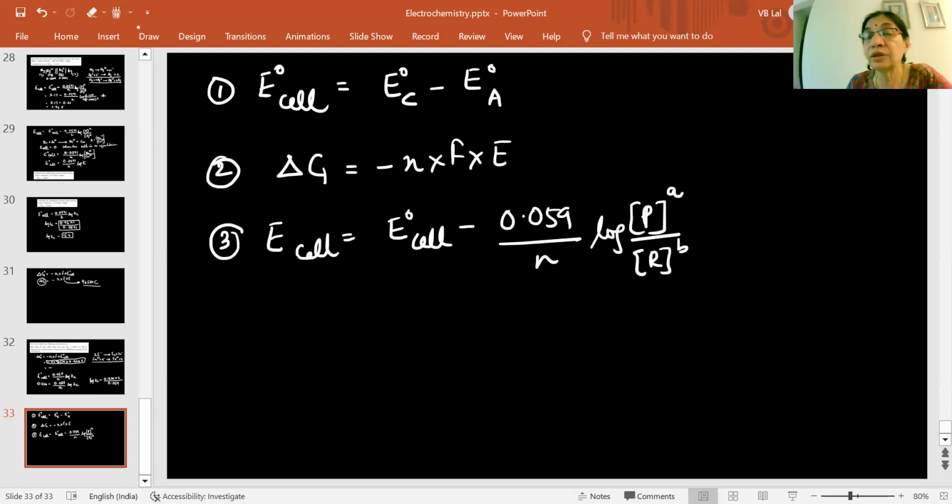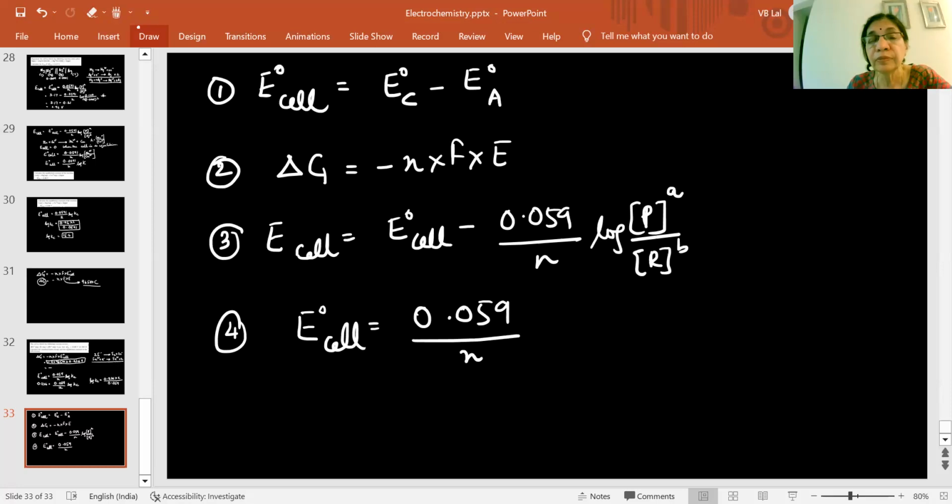That is the Nernst equation. And based on the Nernst equation, you have the fourth one: if the cell is in equilibrium, E cell is equal to 0, then E0 cell is equal to 0.059 by N log Kc. So you can find the value of Kc here.